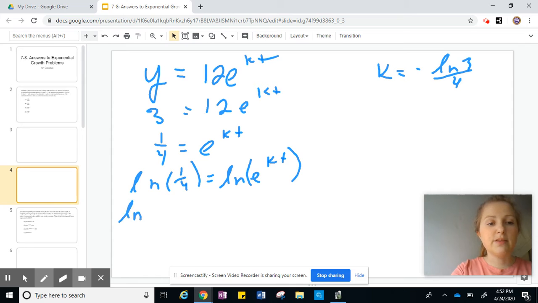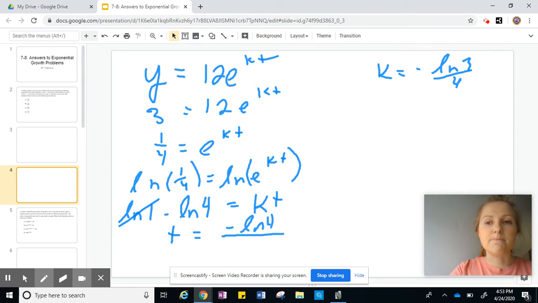And we're going to do that same thing over here. Natural log of 1 minus natural log of 4. That turns into just negative natural log of 4 equals k times t. So then divide by k on both sides, and we get t equals negative natural log of 4 over negative natural log of 3 divided by 4, which equals, so that 4 is going to come up to the numerator.